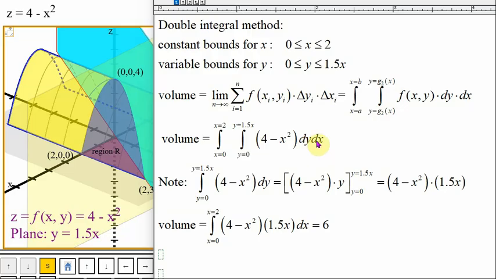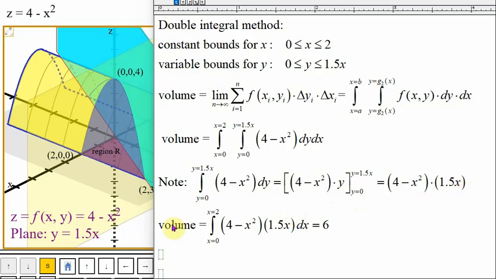And to evaluate this double integral, we just do the inside integral first. So this is the inside integral. And notice that there's no y here, so this entire expression is constant since we're integrating with respect to y. So we get 4 minus x squared times y. And then we need to evaluate from y equal to 0 up to y equal to 1.5x. And this is what we'll get.